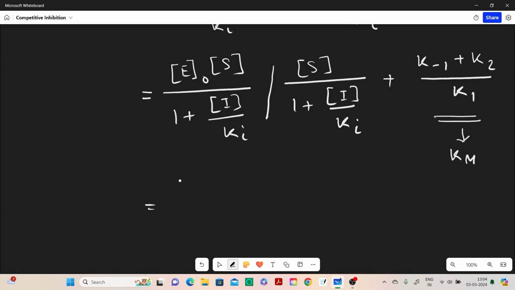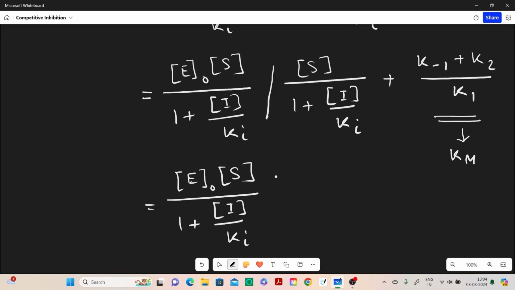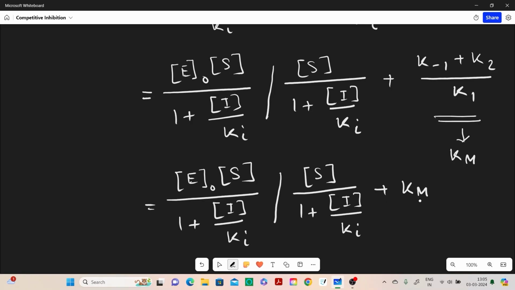So this becomes E naught S divided by 1 plus I by Ki divided by S by 1 plus I by Ki plus Km. So this Km is K minus 1 plus K2 by K1 for this particular reaction.